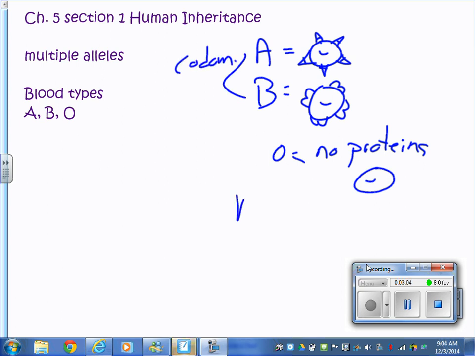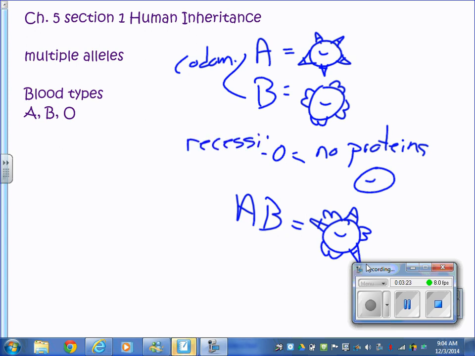So if you have type AB blood, your blood cells will have A protein and B protein. But O is recessive to both of them. Confusing? Yes.